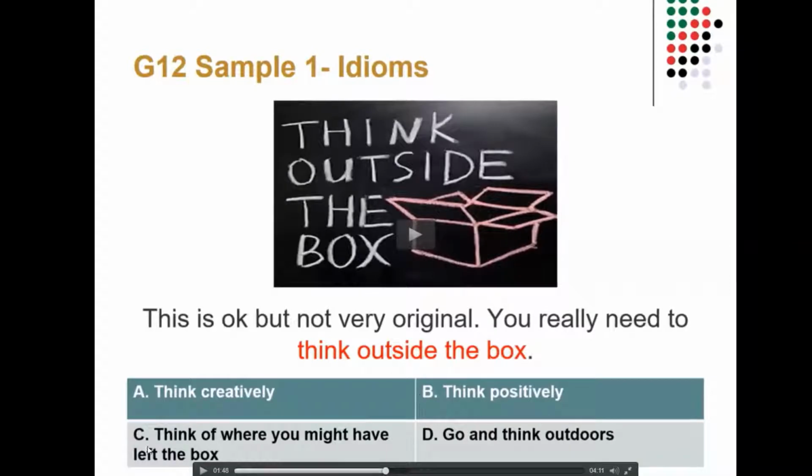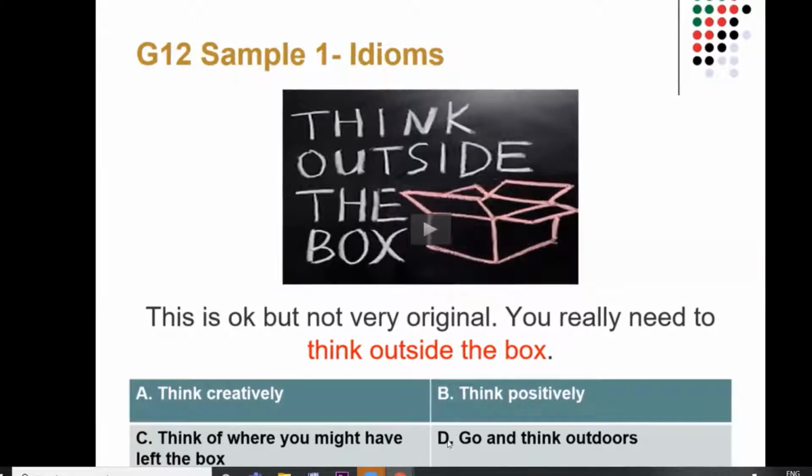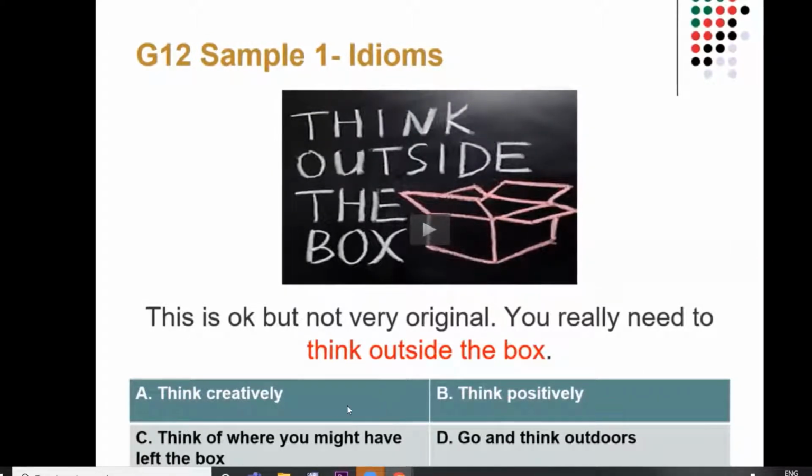We have A, B, C, and D. What do you think, Muhammad? Think possibility, in a positive way or in a creative way?